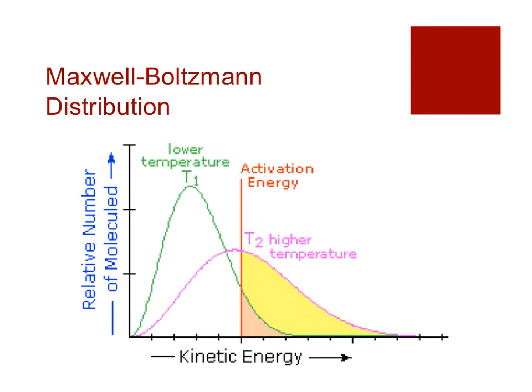So that energy threshold didn't change. This is how much energy the molecules need to react. But at a very low temperature, I only had a couple of them that were able to do that. As I heated up, I didn't change the activation energy or any of the intermediates or transition states. As I heated up, I'm allowing more molecules the energy they need to participate in the reaction.